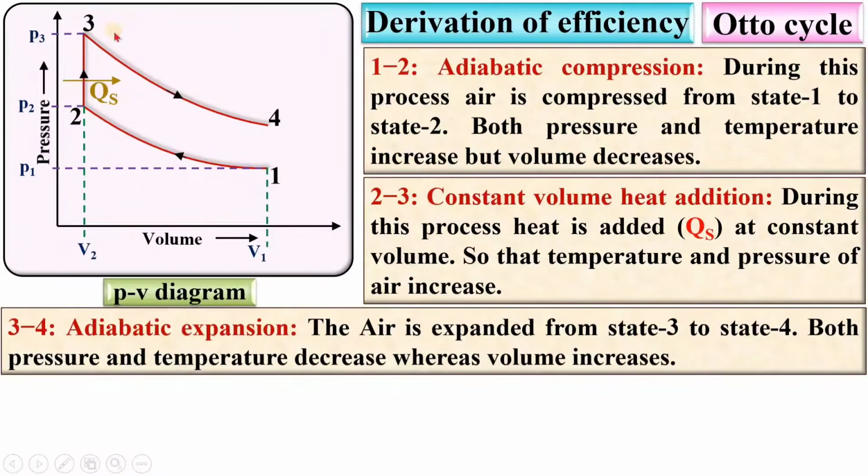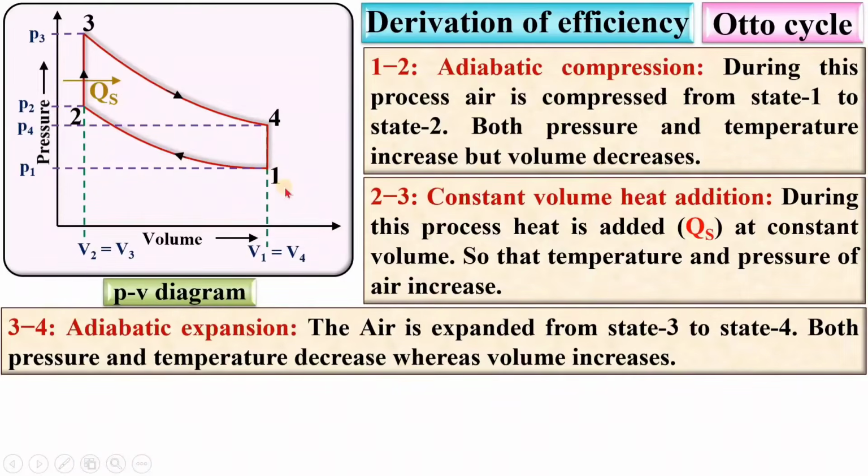The air is expanded from state 3 to state 4. Both pressure and temperature decrease, whereas volume increases. Let's say the corresponding pressure is P4 and here the corresponding volume is V3 and here it is V4.